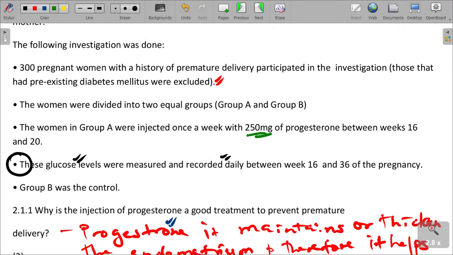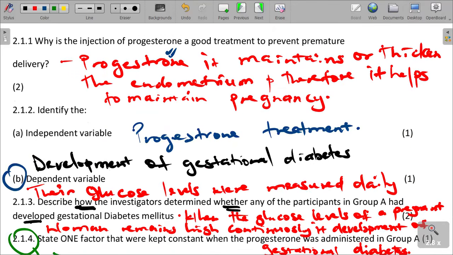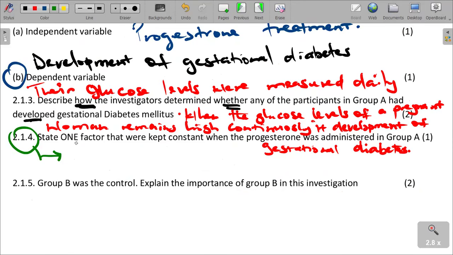So we are saying same dosage of progesterone was administered.